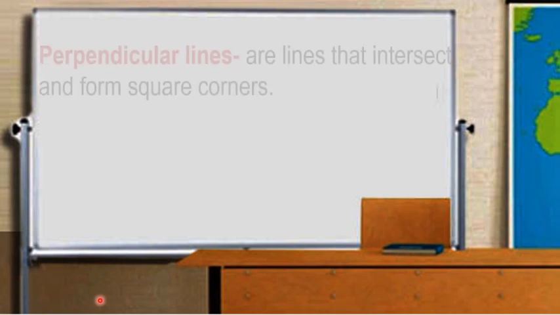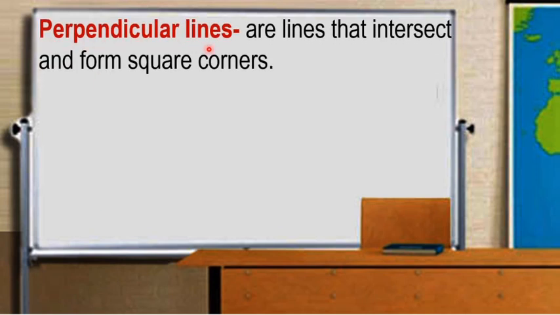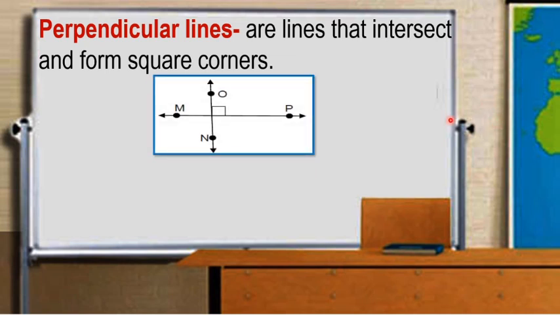Let's have our third one, the perpendicular lines. When we say perpendicular lines, these are lines that intersect and form square corners. So, this is the most important sign of perpendicular lines, no? They form square corners. So, let's look at our illustration. So, we have two lines, line MP and line ON.